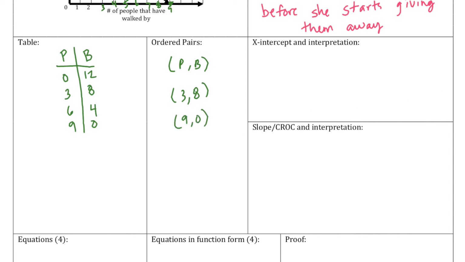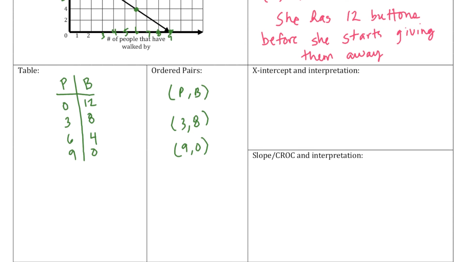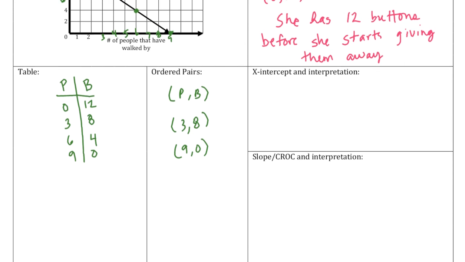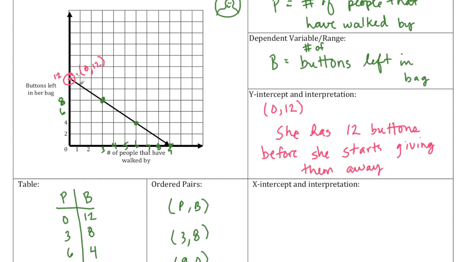Cool. So let's go ahead and talk about something called the x-intercept. So we know that the y-intercept is right here. The y-intercept is where the graph hits the y-axis. The x-intercept is where the graph hits the x-axis.